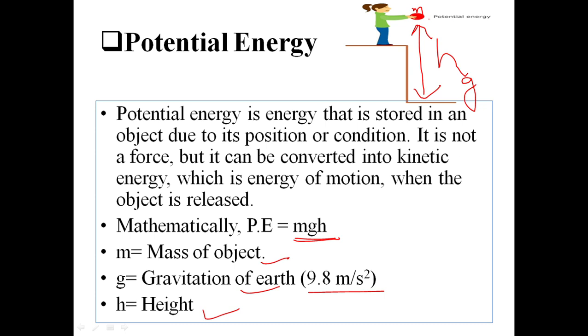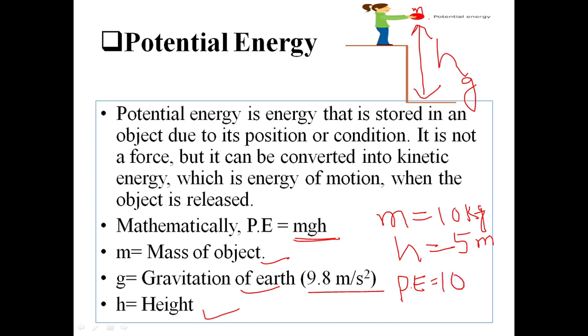Let us say for example, this ball has a mass of 10 kg and the height is 5 meter. So what is the potential energy? Potential energy is mass times gravity times height.